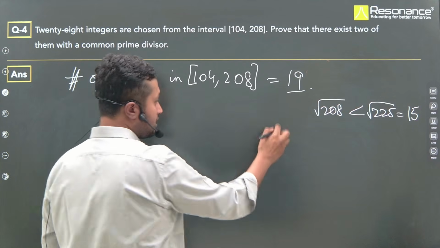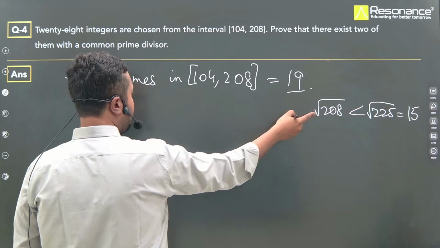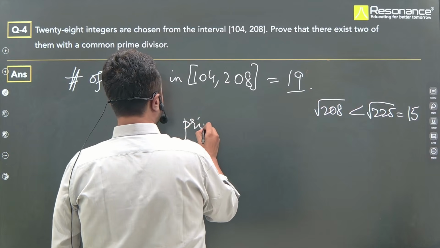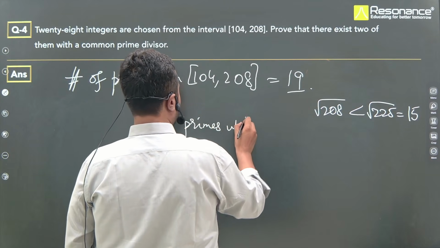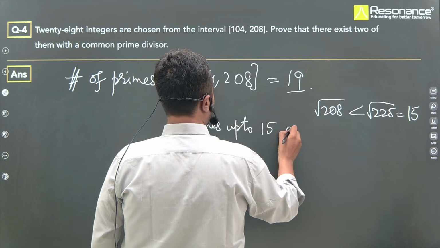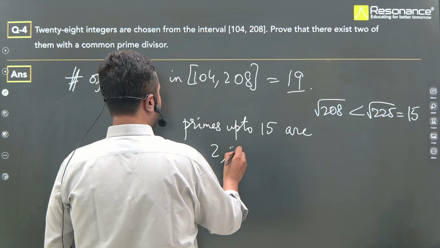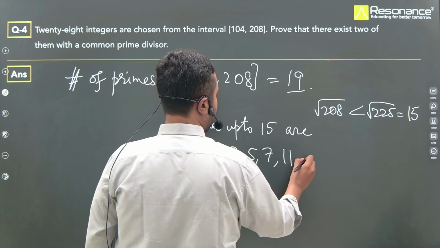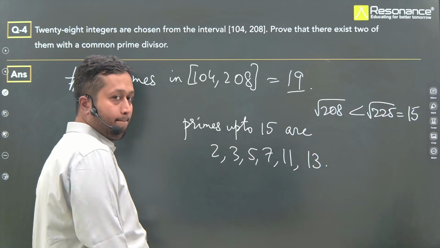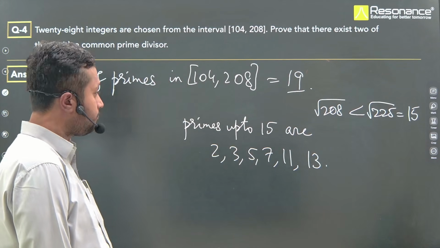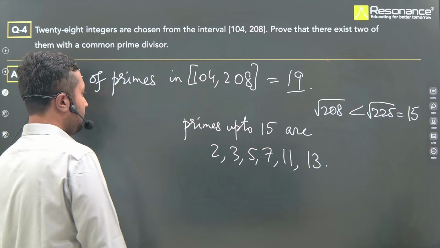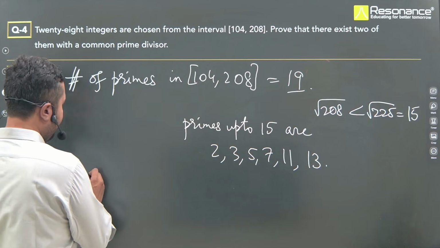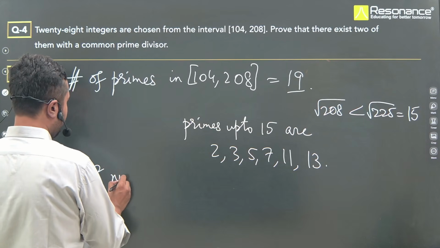How many primes are there? The primes up to 15 are, well, 2, 3, 5, 7, 11, and 13. Right? And then, well, you have 28 numbers.